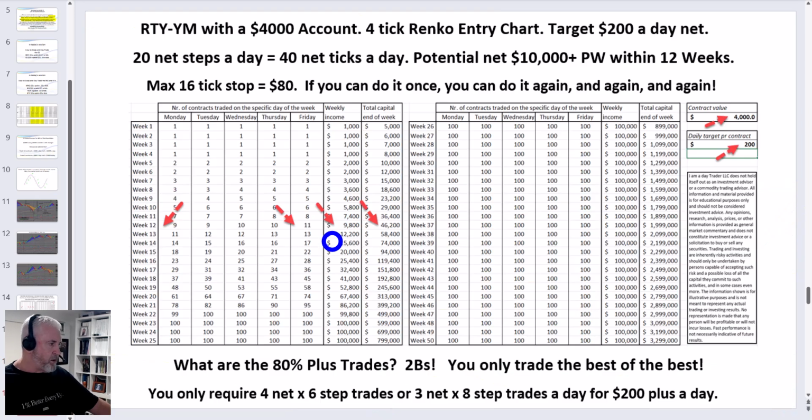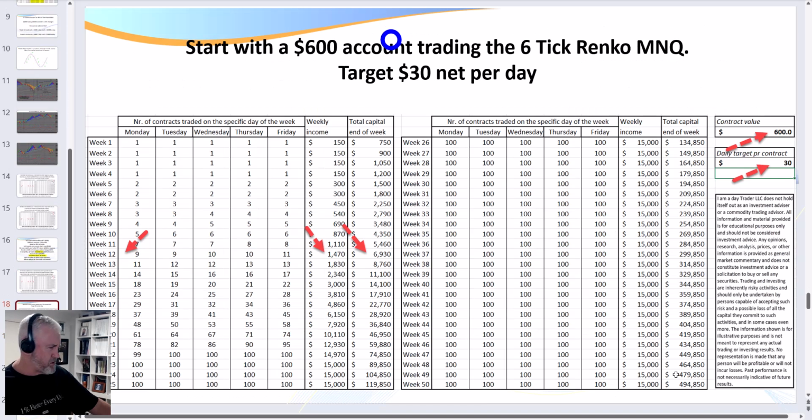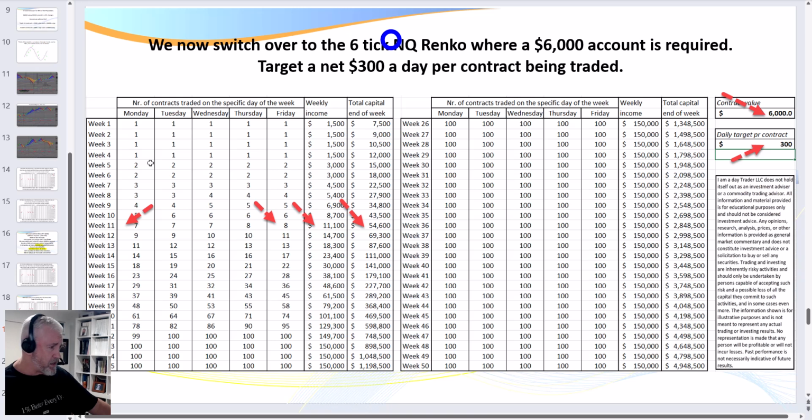Now if I skip along here, that's if you're trading the 4-tick. So if you're trading the 4-tick, which I'm not doing in this video, how about I jump ahead? Let's really get to the meat of things in a moment. One thing, we are going to be looking at the NQ here.